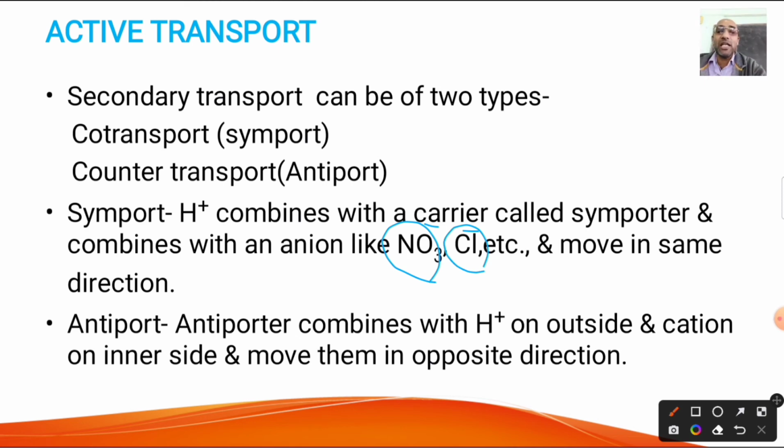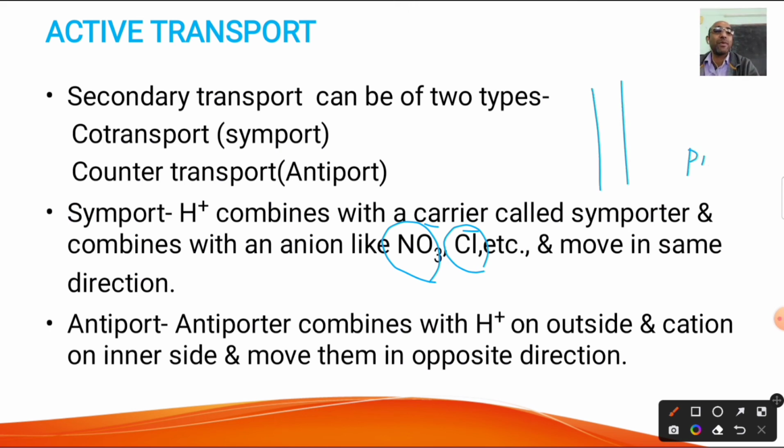Now, as far as the antiport is concerned, the antiporter is a carrier that combines with H plus on the outside and a cation on the inner side, a positive ion on the inner side, and they move in opposite directions.